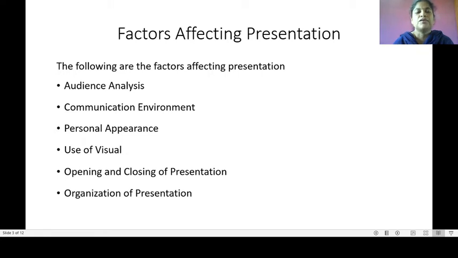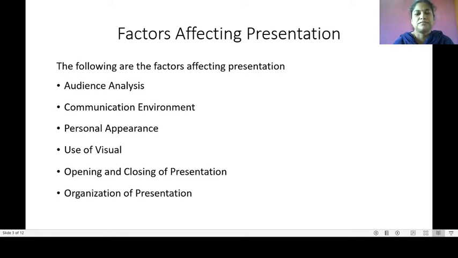Because according to the audience, the style and the type of presentation will vary. Hence, the presenter before presentation has to analyze his audience. Second most important factor that could affect the presentation is communication environment.